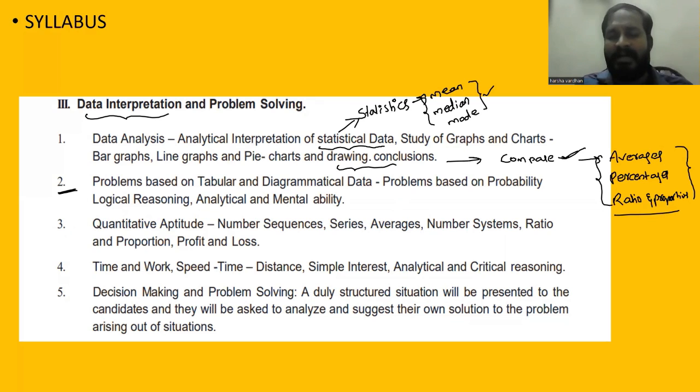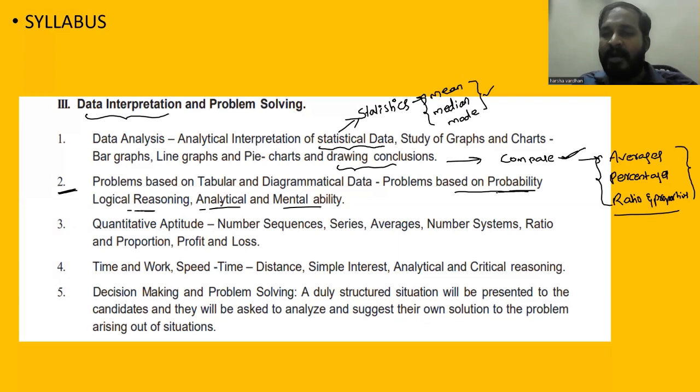This is similar to our data interpretation only. But here also there is a chance of asking questions from statistics. Mean, median, mode also can be taken. They will give us some tabular or diagrammatical data. Next, see here: problems based on probability, logical reasoning, analytical, and mental ability.